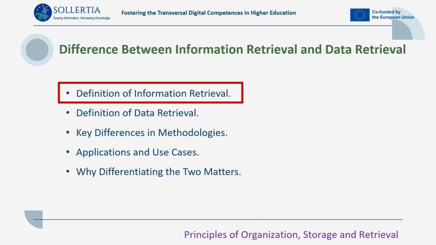It is the process that search engines, recommendation systems, and digital libraries use to navigate extensive data repositories and deliver the most relevant results. The effectiveness of information retrieval systems is measured by precision, accuracy of results, and recall, completeness of results.